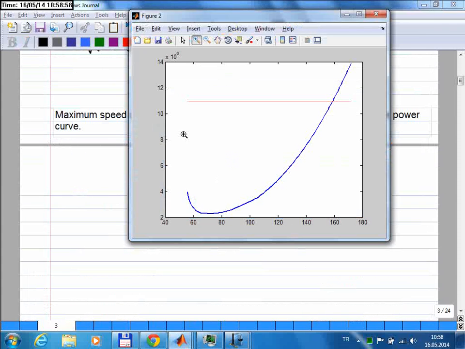So to find the maximum speed, we can use the power curve. This is the power required curve, and the power available curve is the red one. For the power available curve, I use the engine power, including the propeller efficiency.